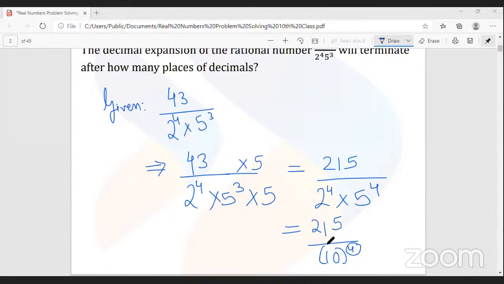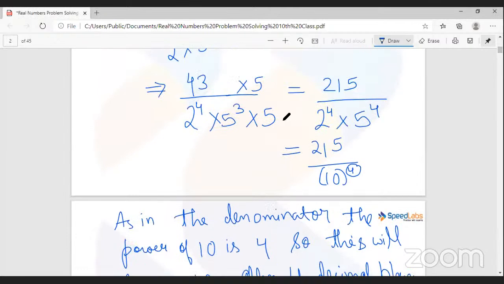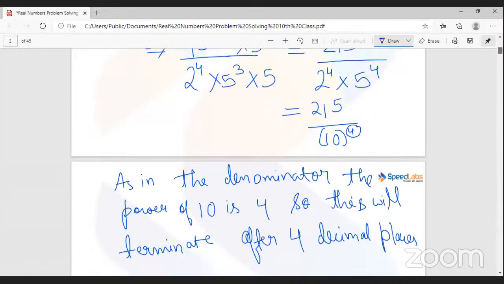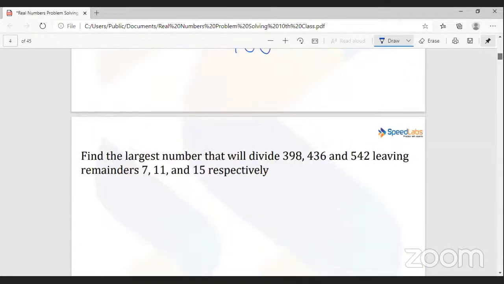Then the number in the numerator is 215, not in decimal. If you multiply by 1 by 2, then in the numerator also we'll get a decimal form, and it will become so confusing. That is why we multiplied by 5 in the numerator and denominator.